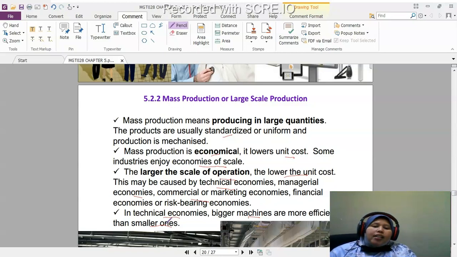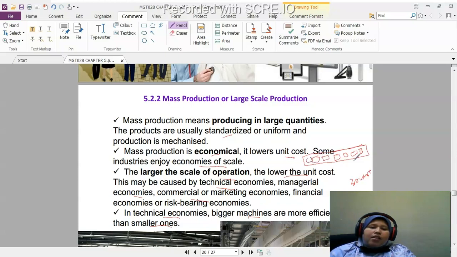Contoh kalau kita ada oven yang kecil, dalam masa 30 minit kita hanya boleh bakar seekor ayam saja. Berbanding kalau kita ada oven yang besar untuk industri tu, kita boleh masukkan 10 ekor ayam. Dalam masa 30 minit kita boleh dapat 10 ekor ayam yang dah siap bakar.